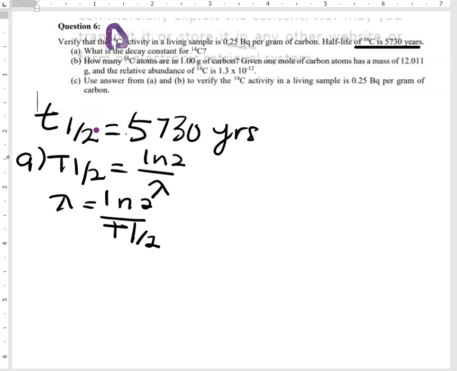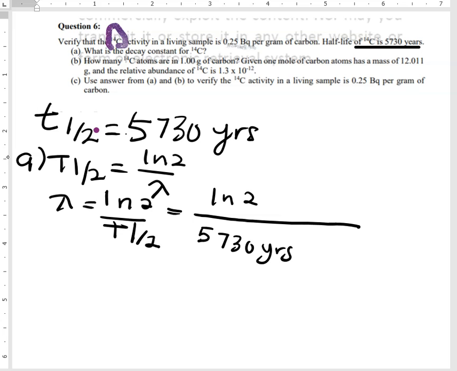Now substitute everything. So ln 2 over your half-life, which is 5,730 years, and you need to convert it to seconds.